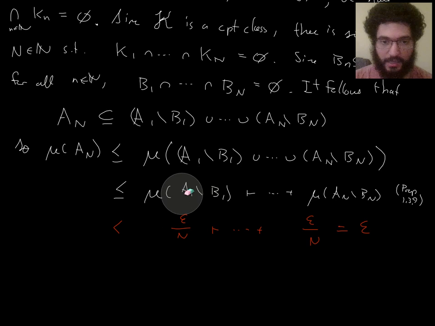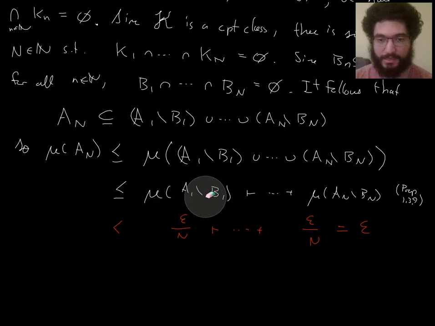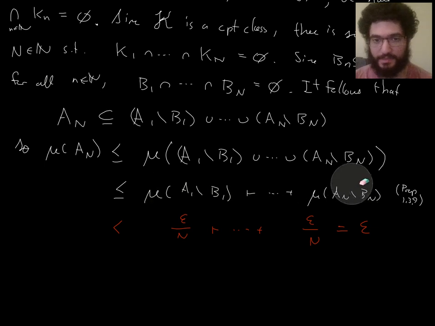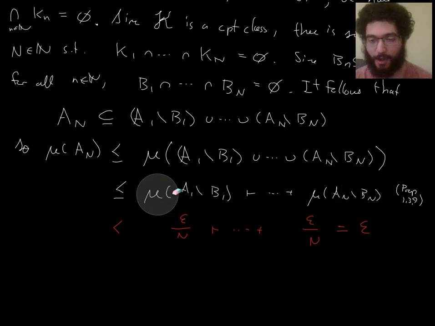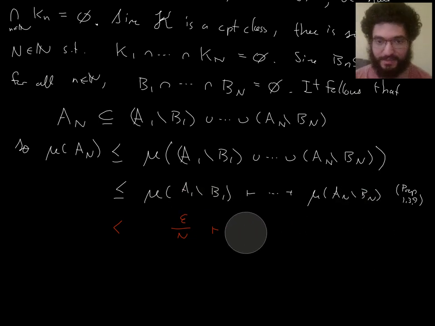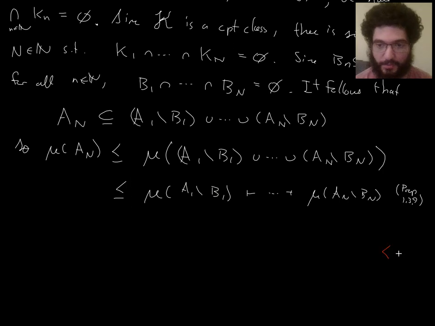So I can make these as small as I want, but I have to do it in a way that does not depend on how many terms are in this sum, right? There are capital N terms in this sum, but I'm supposed to decide how small these are before I know how many terms are in this sum. So how can I do that in a way that ends me up with less than epsilon at the end?